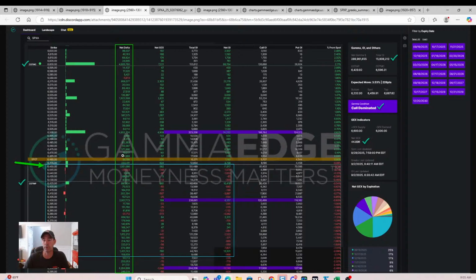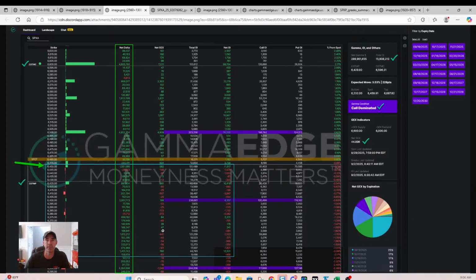What we'll see on erosion would be these out of the money calls start to either be closed, and that would expose the in the money puts above us. So all of this green net delta, you start turning a spattering of red, as well as out of the money put hedging. These are in the money calls if they're below spot price. So if these in the money calls start to erode and see some monetization or closing, that would expose out of the money put hedging, and this would start to turn red also.